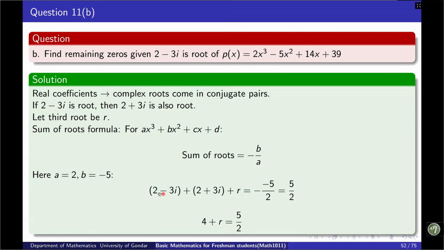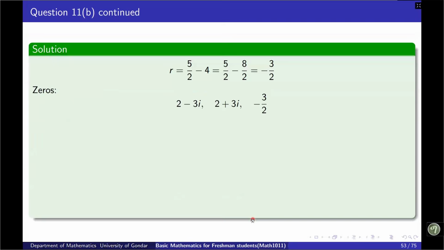And the sum of these two, 2 minus 3i plus 2 plus 3i, is 0 for the imaginary parts and 2 plus 2 is 4, so we are left with 4 plus r equal to 5 over 2. Taking 4 to the right side, r equals 5 over 2 minus 8 over 2, which is equal to negative 3 over 2.